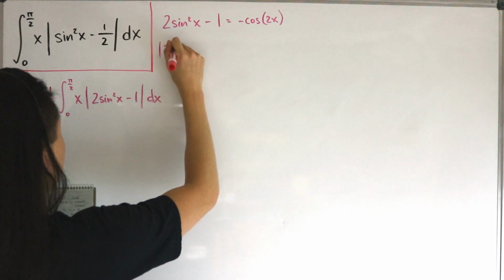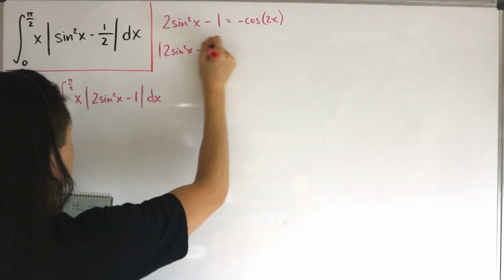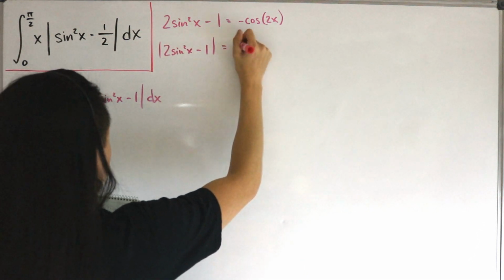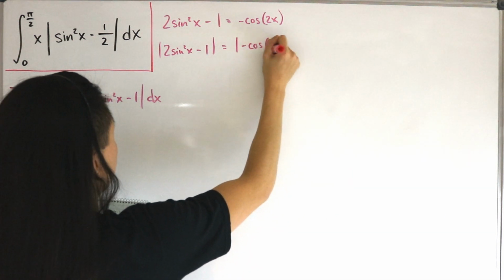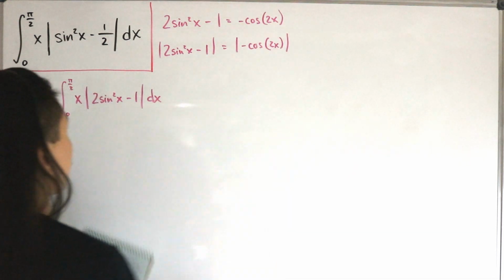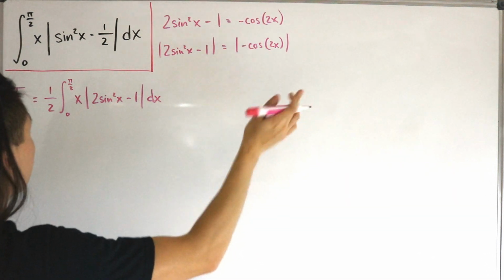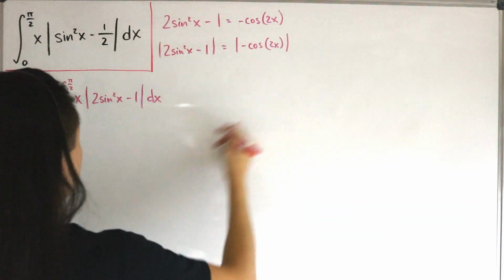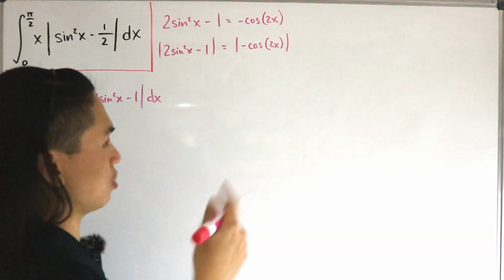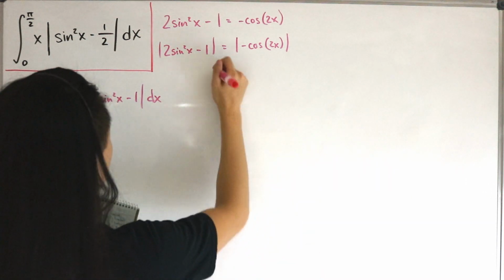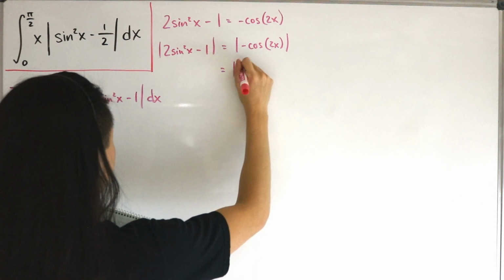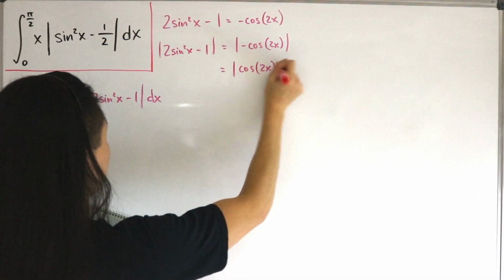I have the absolute value of 2 sine square of x minus 1, which is the absolute value of negative cosine of 2x. With properties of absolute values, that's the absolute value of -1 multiplied by the absolute value of cosine of 2x. The absolute value of -1 is simply 1, so that leaves us with the absolute value of cosine of 2x.